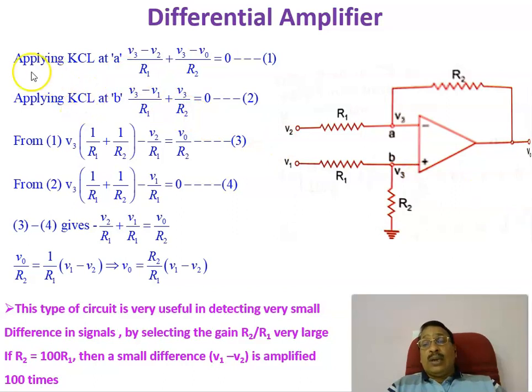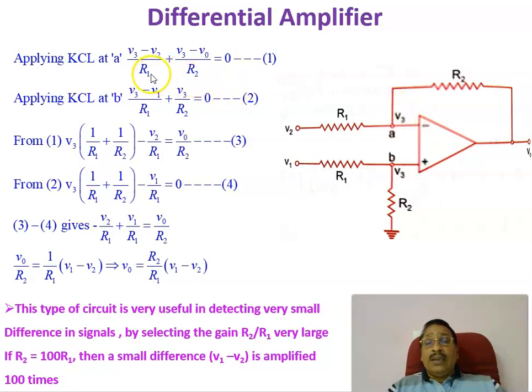Coming to that one, applying the KCL at the point A, we get: this voltage I am marking as V3.